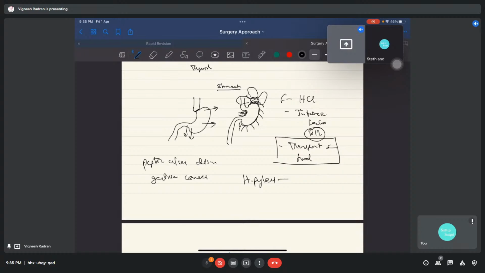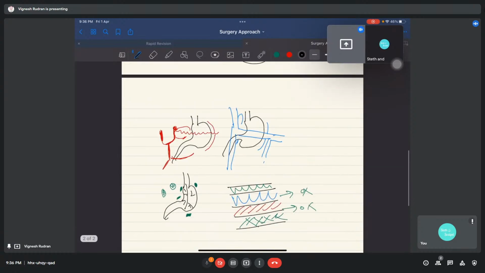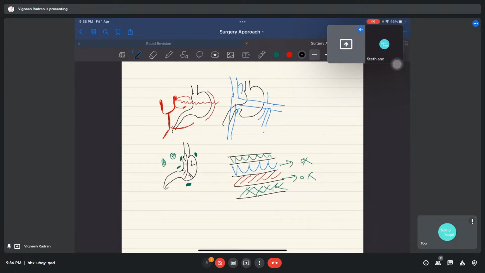This bacteria is very deadly because it has something called urease, and it will secrete ammonia. This ammonia will stimulate gastrin. Okay, this gastrin will increase HCl secretion. So that is why you have excess HCl, and when this excess HCl is in contact with the mucosa, it starts eroding, and that's how you start getting your ulcer.